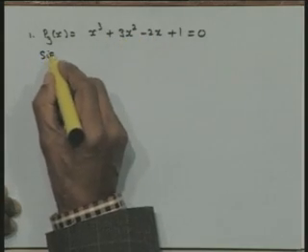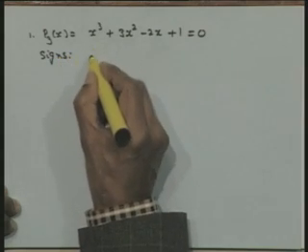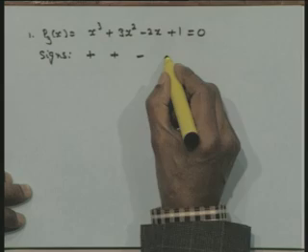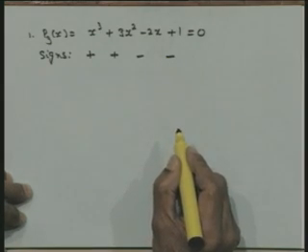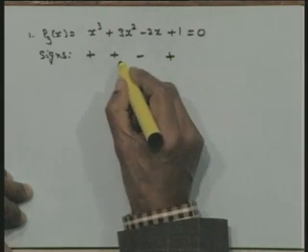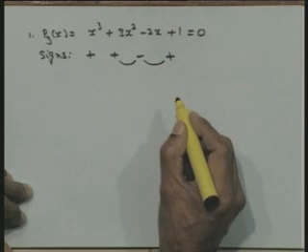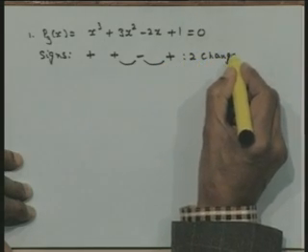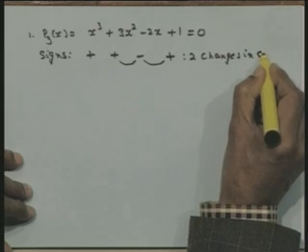So, let us write down what are the signs here. This is plus, this is plus, this is minus, this is plus. So, I have got here one change of sign, and here one change of sign. So, I will say that there are two changes in sign for this equation.